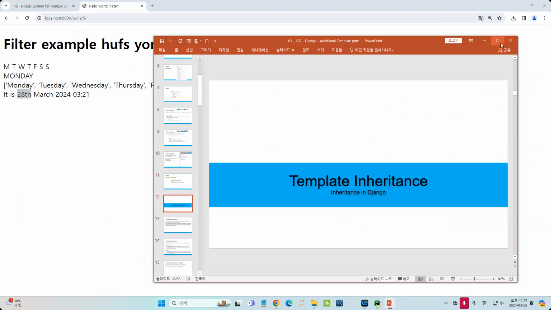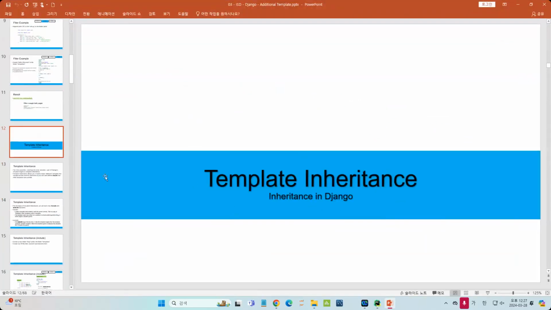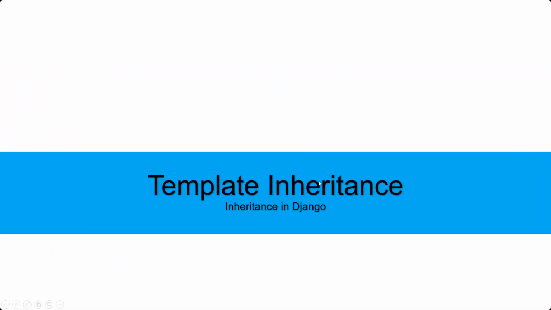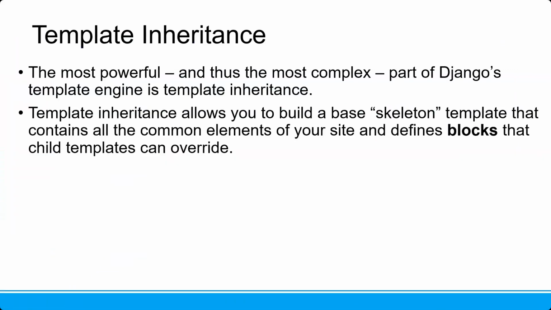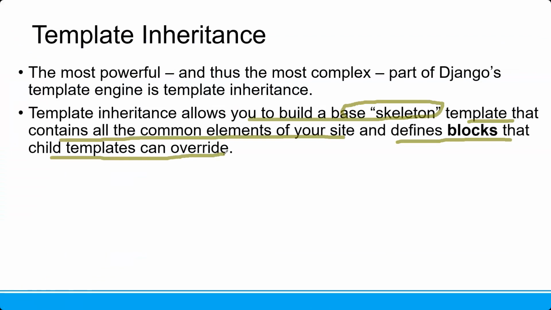Okay, next we are going to learn about the inheritance. Inheritance is the most powerful and thus the most complex part of Django template engine. The template inheritance allows you to build a base skeleton template that contains all the common elements for your site, and it will define blocks that child templates can override.